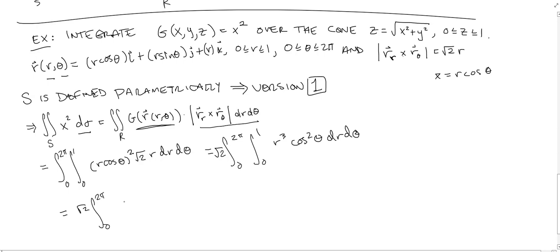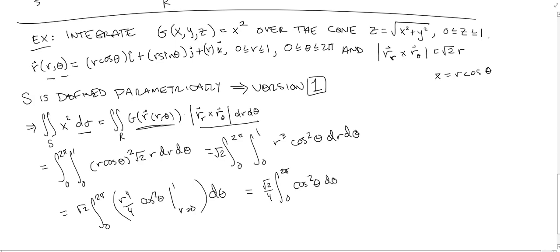That's going to be r to the 4th over 4, and we still have a cosine squared theta there, evaluated from r equals 0 to 1, and then don't forget our d theta. So that's going to give us, factoring out the 4 on the bottom, square root 2 over 4, and then we have just cosine squared theta, d theta.